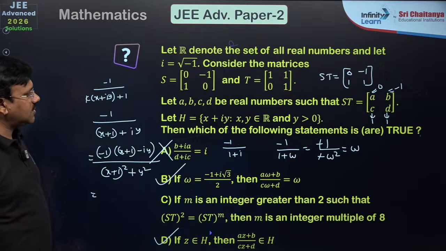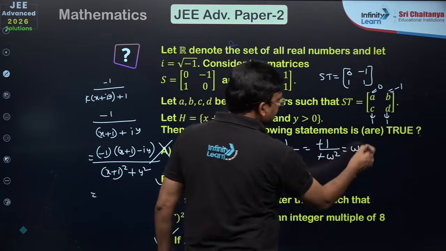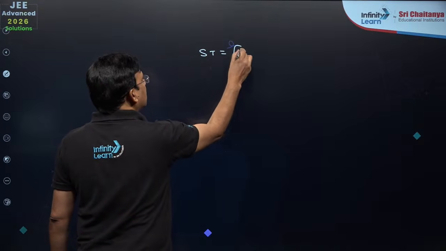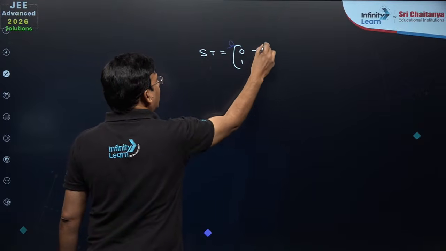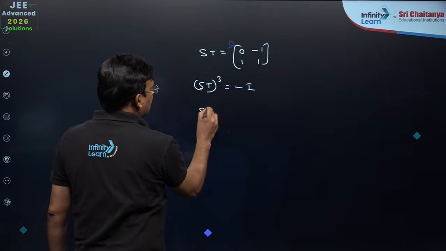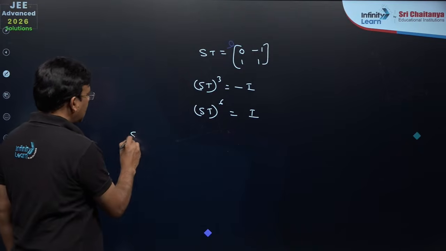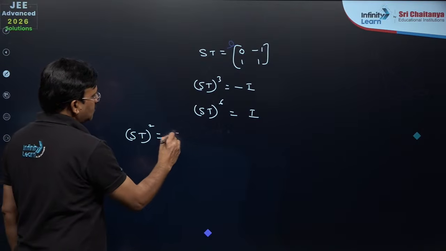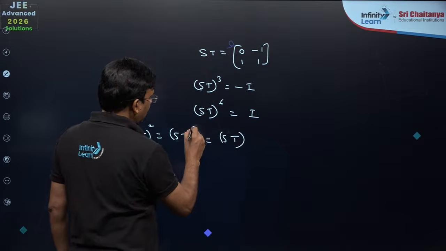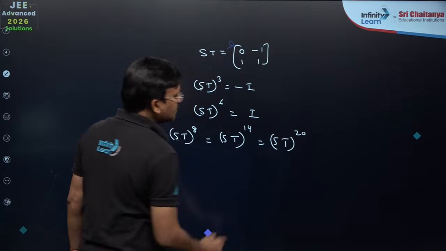Next, coming to option C, here the ST matrix is very clear. You will get ST to be 0, minus 1, 1, 1. You just find ST cube, you will get minus I. ST power 6 is going to be I. Now he said ST square equals ST power 8, which is ST power 8 plus 6, that is 14, and so on.